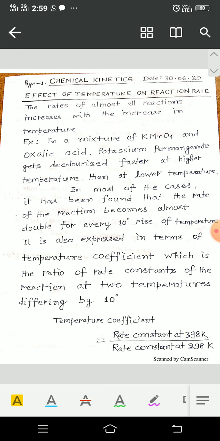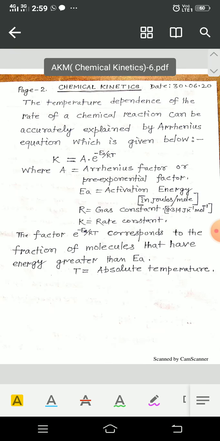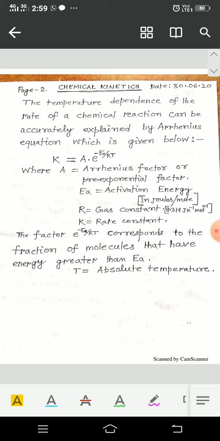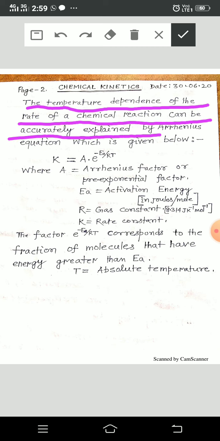Now, the temperature dependence of the rate of a chemical reaction can be accurately explained by the Arrhenius equation, which is given below.